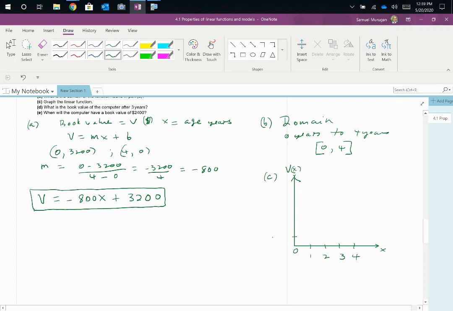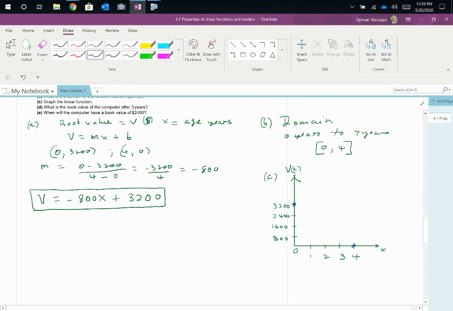So 800, 1600, 2400, 3200. At year 0, the graph is worth 3200.